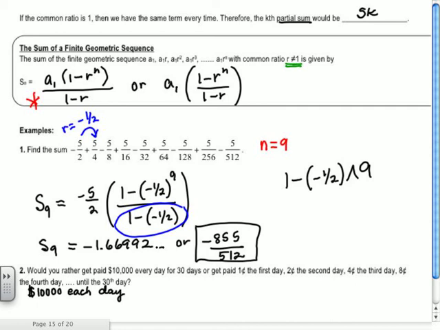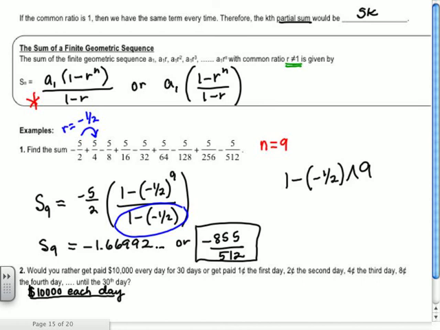Okay, so 10,000 each day. There's a big debate. How many say $10,000 each day? Raise your hand. I want 10 G's. How many say 1 cent, 2 cent? Not very many of you want the 1 cent, 2 cents, 4 cents. We'll see, it could be close.